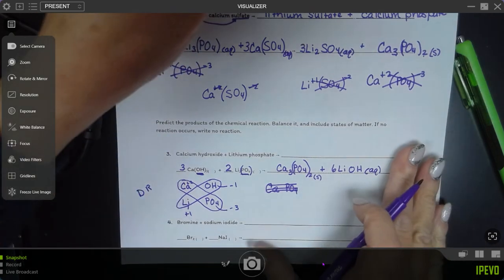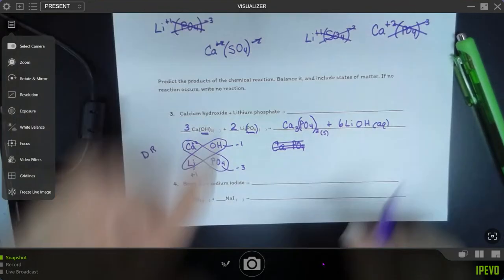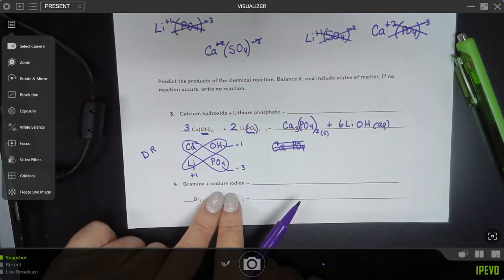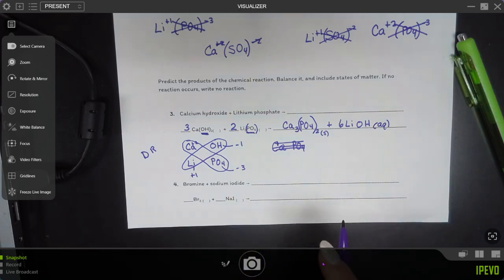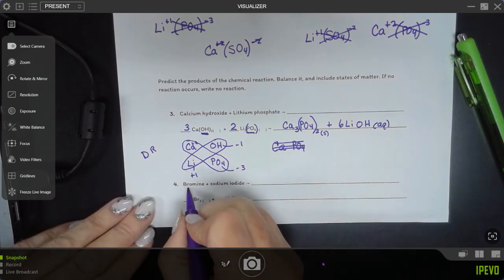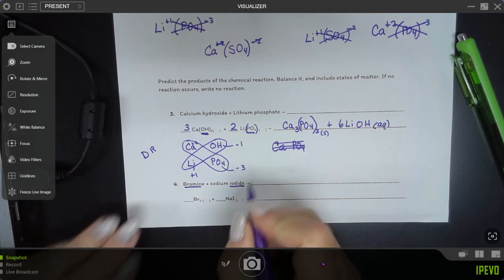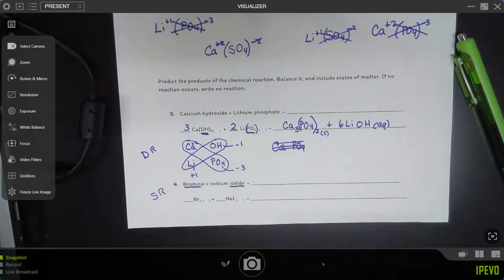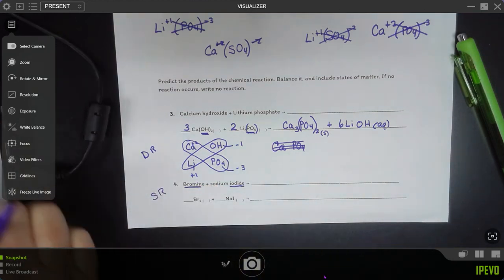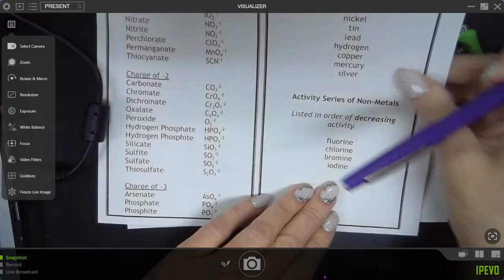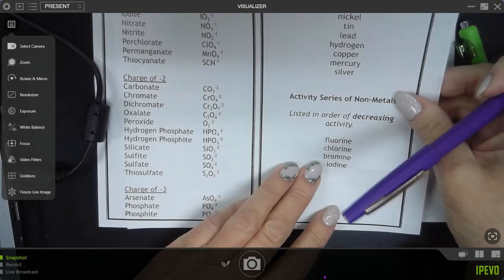Okay. One more example, bromine and sodium iodide. All right. So this one is a single replacement, but it's using the little short list, fluorine, chlorine, bromine, iodine.